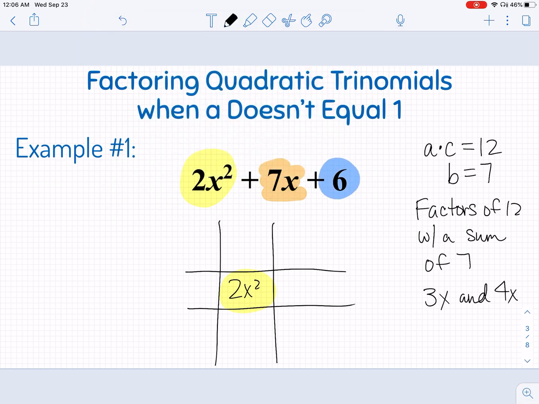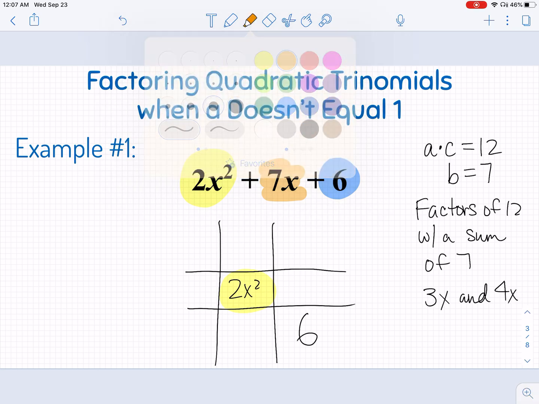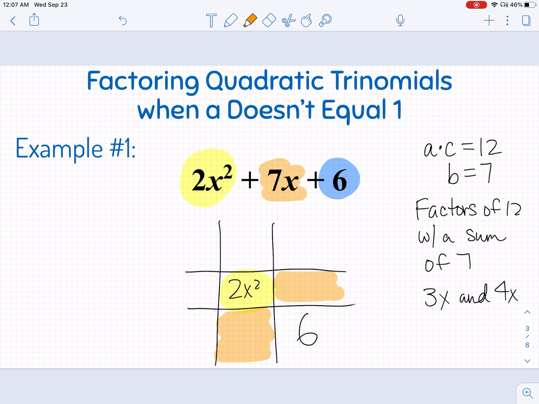The last constant term always goes down here. And those two break apart terms can go in either of these two locations. That is just your call.